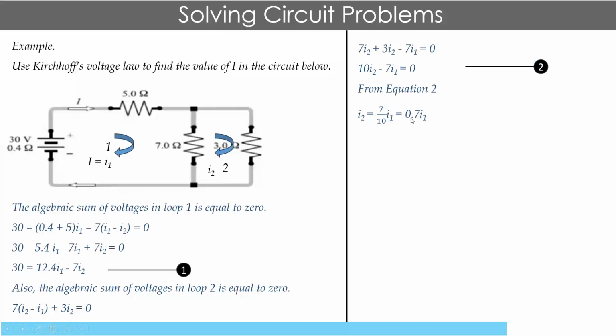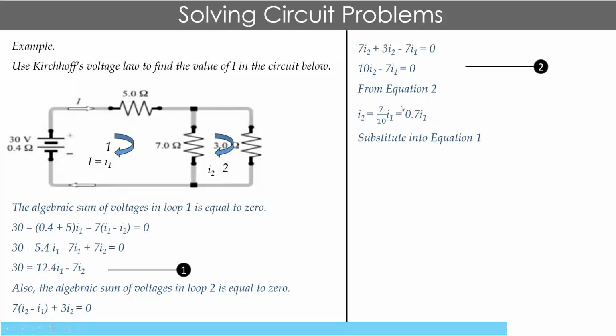What we are going to do now is to substitute, anywhere we see I2, we put 0.7 I1. So by substitution, we substitute this value into equation 1. Anywhere we see I2, represent it with 0.7 I1.